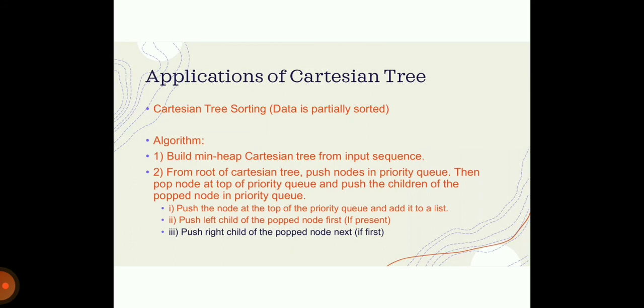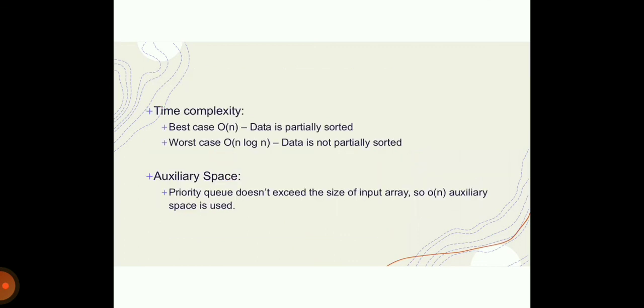Pop the node at the top of the priority queue and add it to the list, so we are saving the elements into the list. Then push the left child of the popped node first if there is a left child, then push the right child of the popped node next. So this is the algorithm for when data is partially sorted.